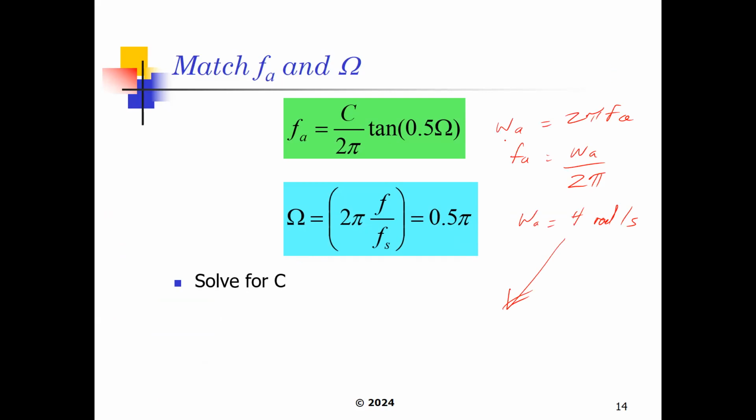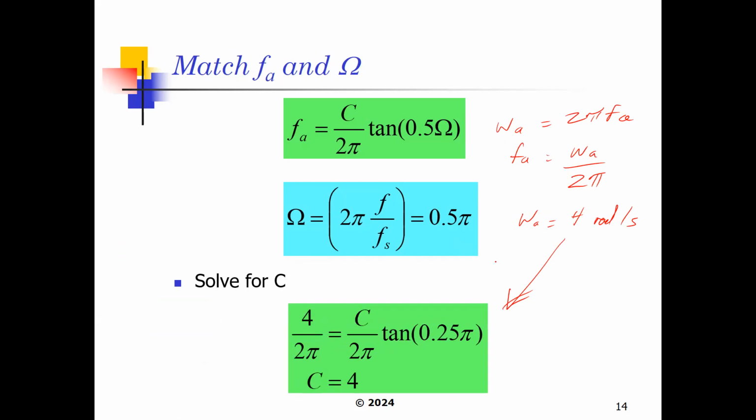Now, omega A was 4 radians per second. So if you make the substitution here now, FA will be 4 over 2 pi, and then C over 2 pi, and then in this case here, if you substitute the 3 kilohertz and the 12 kilohertz here, you're going to get what else?